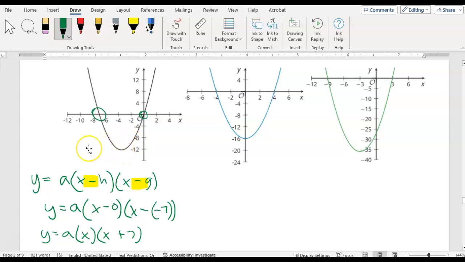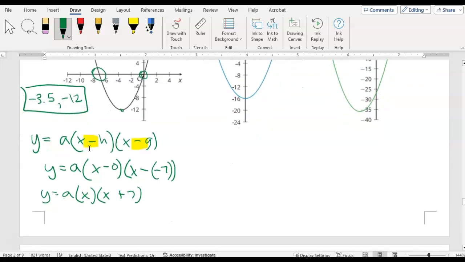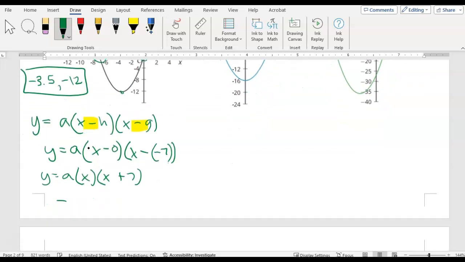So we could, for example, use what looks like it would be, we know that we have 7 and 0, so it would be -3.5 as one point. And then it looks like -12 here. So (-3.5, -12) is one of our possible points to plug in here. So we can rewrite this as -12 equals a times -3.5 times (-3.5 plus 7).